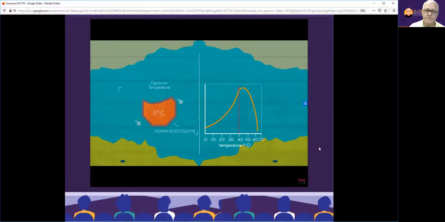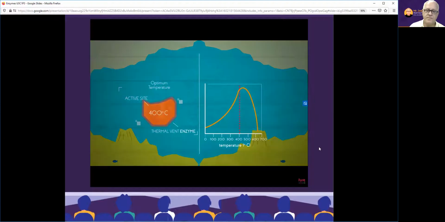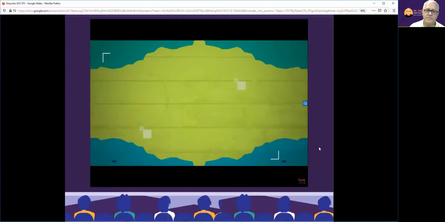Then as the temperature rises above that, the rate of reaction rapidly falls because the active site has changed shape. Whereas enzymes in bacteria that live in the thermal vents have a much higher optimal temperature. Now, here comes the chemistry behind this. When temperature increases, the individual amino acids that make up the enzyme vibrate at a higher frequency.